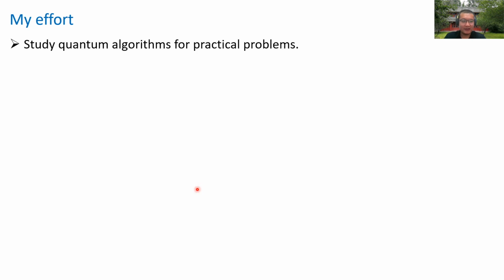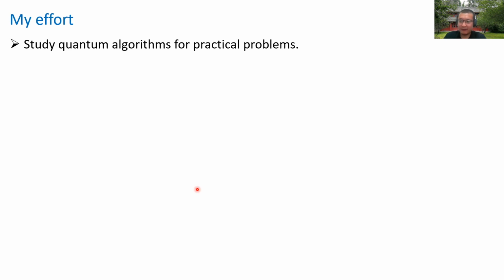As I have been devoted to theory research here, from my personal perspective I also want to gradually make my expertise a good investment in making everything more practical. So my personal take is that I want to study quantum algorithms for practical problems.